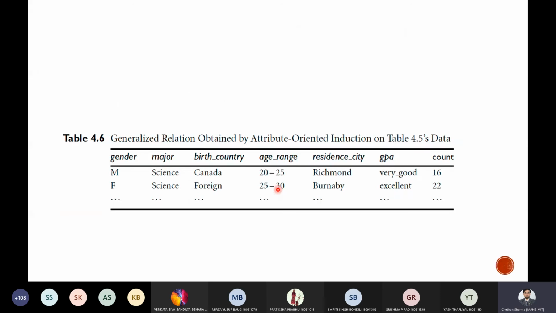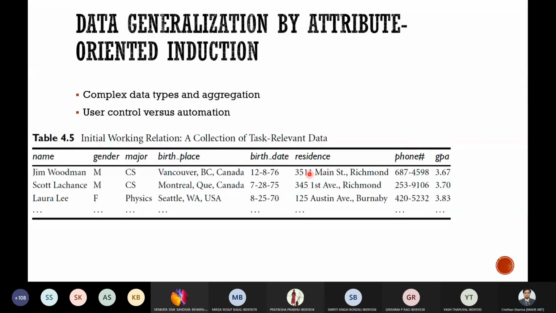The third thing is residence. Instead of residence at the street level, the lowest level of the hierarchy in location, generalizing it to city might be a better idea because it contains fewer distinct values.